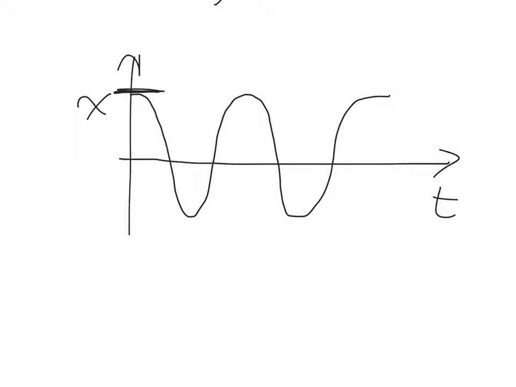Well, if this solves the equation, then this function, same frequency but different x0, also satisfies this. So a harmonic oscillator has the same frequency regardless of the maximum displacement. And again, this is something that you should be familiar with from your physics course.